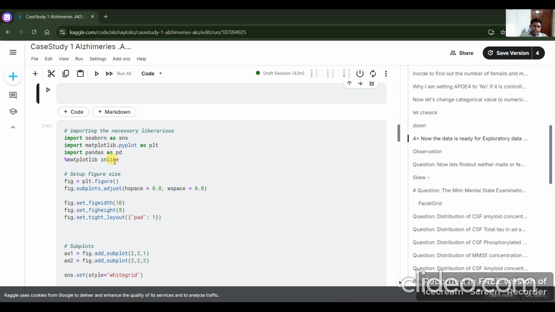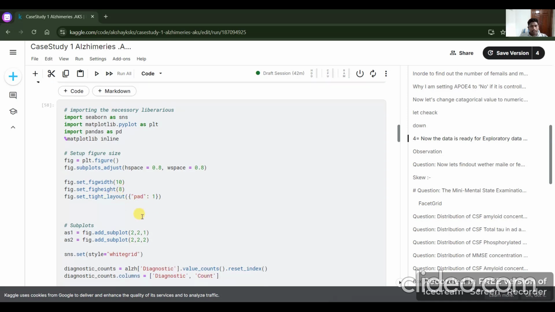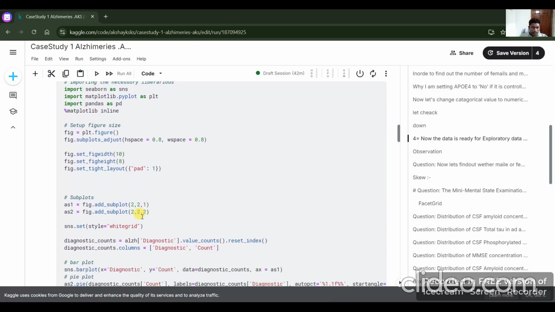Import seaborn, matplotlib, pandas. Then subplots_adjust hspace 0.8, wspace 0.8, figure size 80, layout pad 1.